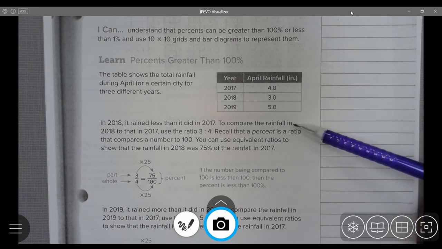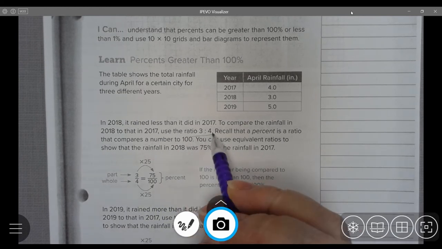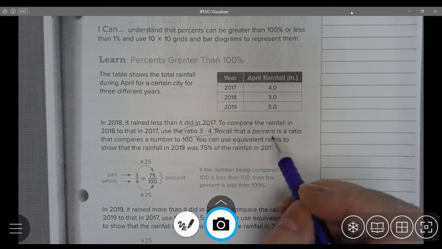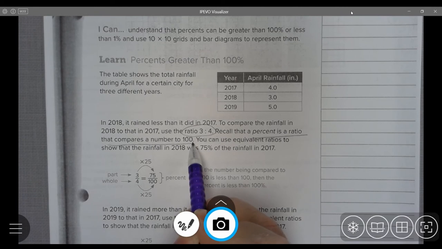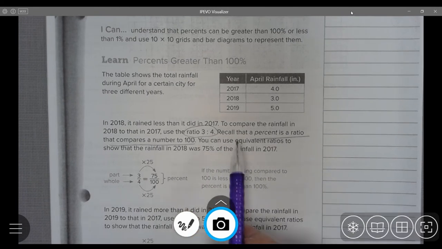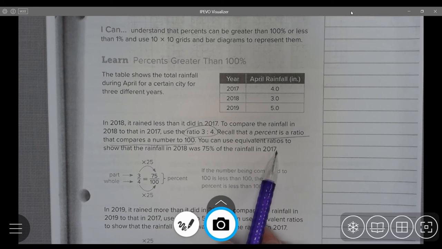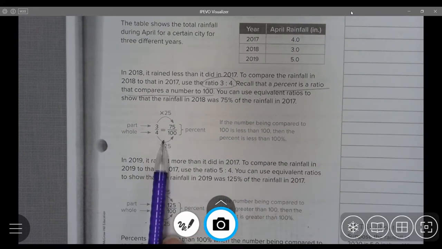To compare the rainfall in 2018 to that of 2017, we can use this ratio of 3 to 4. Recall that a percent is a ratio that compares the number to 100. That is something to remember, please. You can use equivalent ratios to show that the rainfall in 2018 was 75% of the rainfall in 2017. And how we would do that is we would find an equivalent ratio.